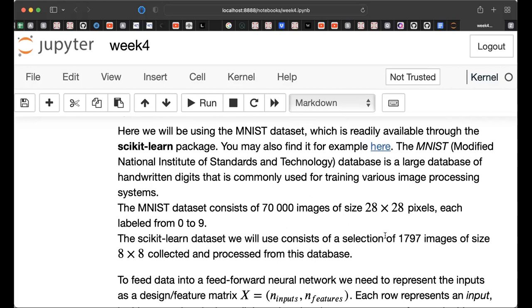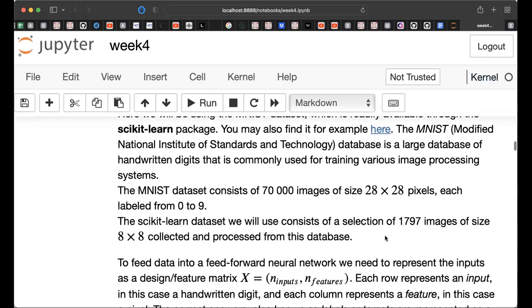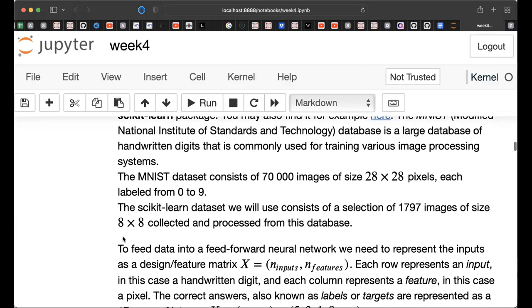So the data set is a fully labeled data set. The data set which we are going to look at is a downscaled version of this 28 times 28 pixels, it's actually downscaled to 8 times 8. So in total, we have roughly around 1,800 images.